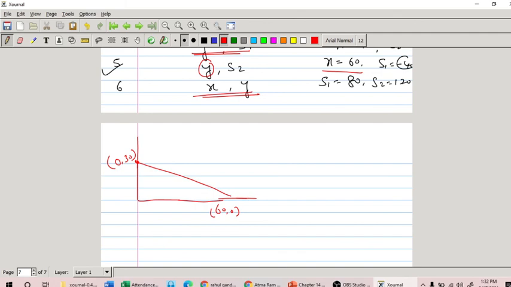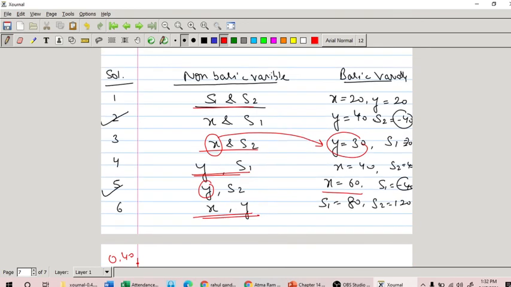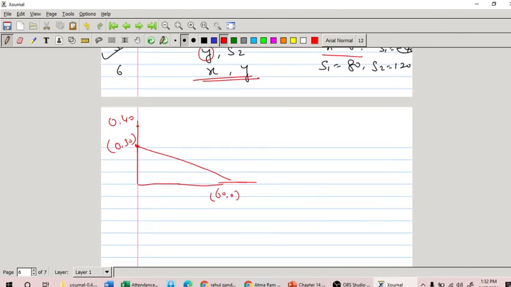Similarly, you will also find that when x is equal to 0, y is equal to 40, this point. And when y is equal to 0, x also is equal to 40, and you will realize that the common point here is this.